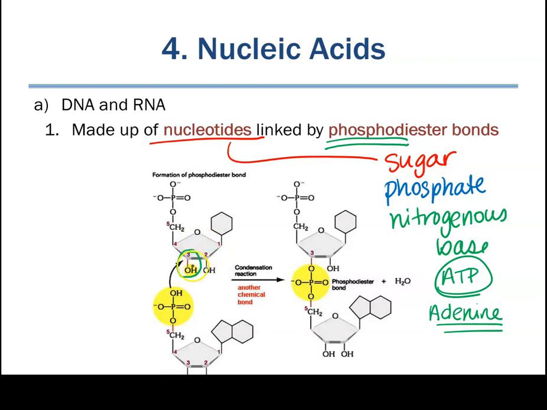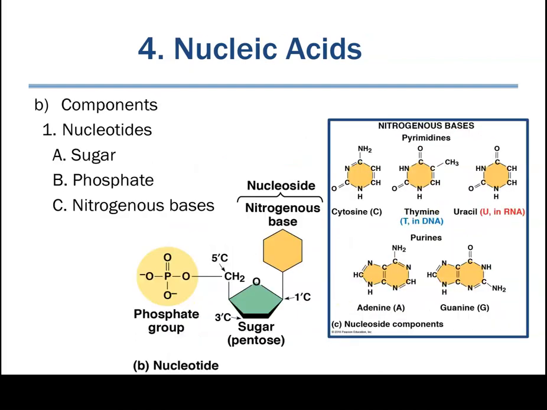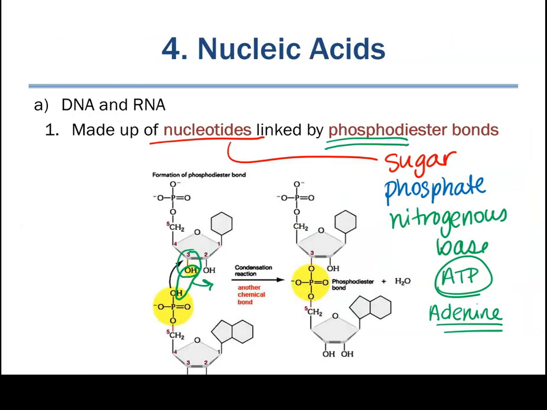The 3' carbon with the hydroxyl group is bound to the phosphate group. This is a dehydration reaction, so water is going to be formed and released, and a chemical bond is going to be formed. The overall structure of DNA and RNA, let me go back just a minute, is going to be a linkage between the sugar and phosphate groups, and we call this the sugar-phosphate backbone.